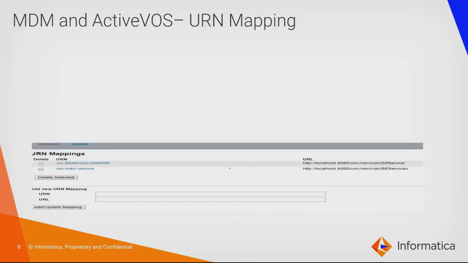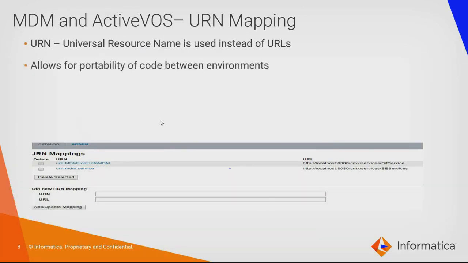Moving on to the concept of URN mappings. URN is a pretty generic term which is used instead of URLs. URNs help because they allow for portability of code between environments. For example, if you look at the screenshot, there is a URN mapping of URN MDM service. This is something which is hard coded in your BPEL process. What this does is resolve the URN to a particular URL in real time during the code execution.